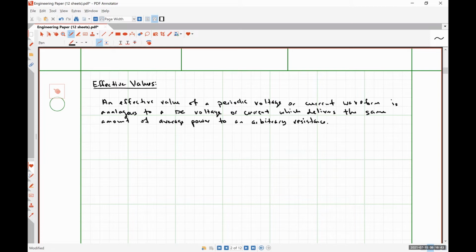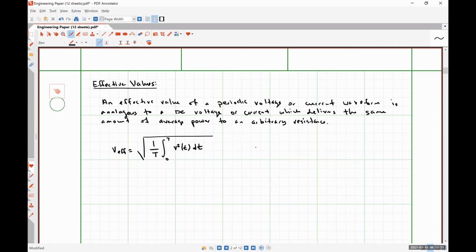So an effective value, V effective, for any periodic voltage waveform is given by the square root of 1 over the period times the integral over exactly 1 period of the periodic voltage waveform squared with respect to time.